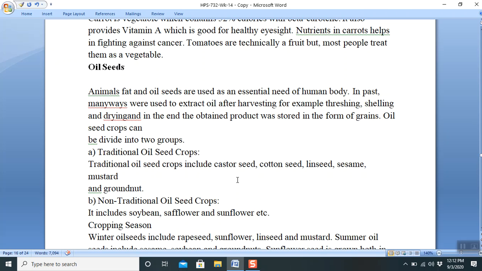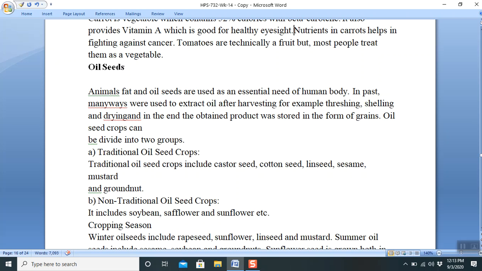Well, you must be amazed that most of the agriculture in KPK, northern areas, Punjab, and Sindh is based on the producing of vegetables.